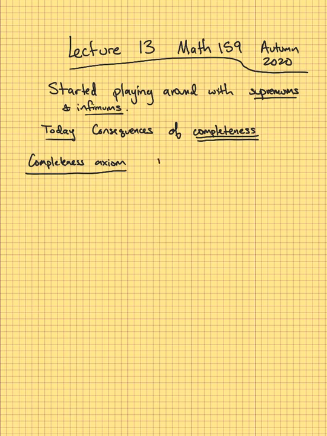So the completeness axiom says that if you have a non-empty set S, which is a subset of the real line, which is bounded above, then the supremum of S exists.